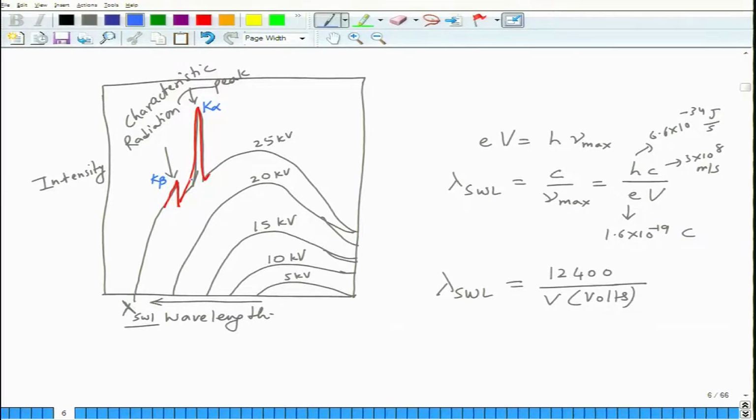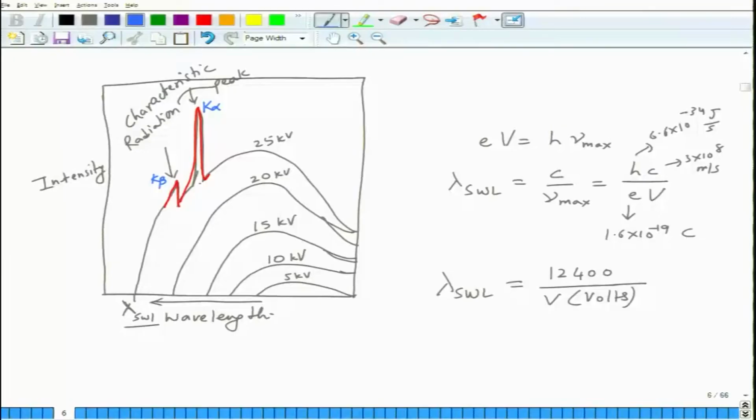But the intensity of K alpha is far higher as compared to K beta. And that is the reason why we use K alpha radiation in X-ray diffraction, because it's a very intense peak. It gives you high intensity X-rays of a useful wavelength.